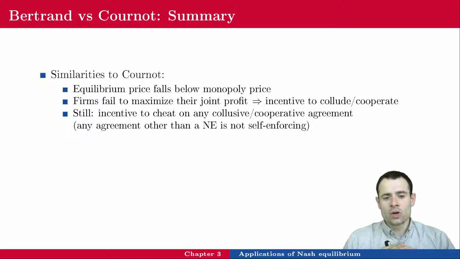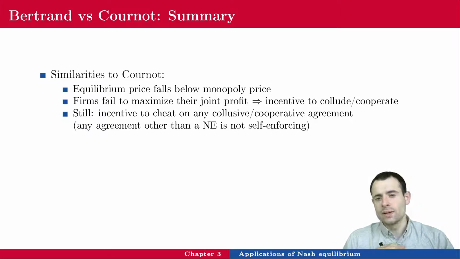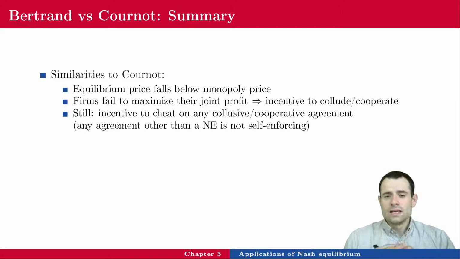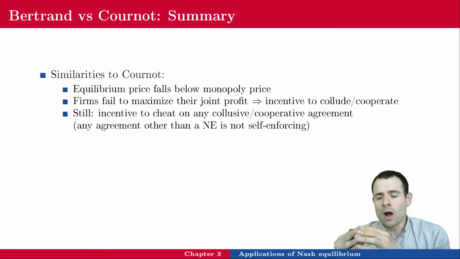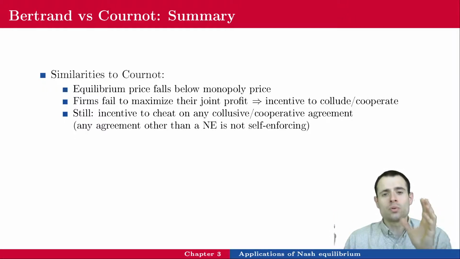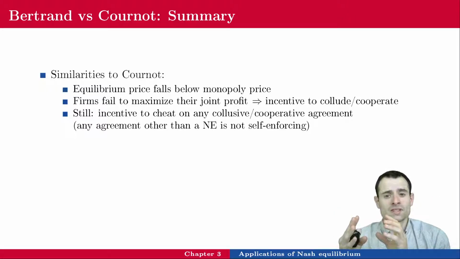Again, any agreement other than a Nash equilibrium is not self-enforcing. If you agree on anything else, your best response is not what you agree on. Your personal best response is going to be something else. The agreement, the quantity or the price to agree on, comes from maximizing the two profits together, the sum of profits.